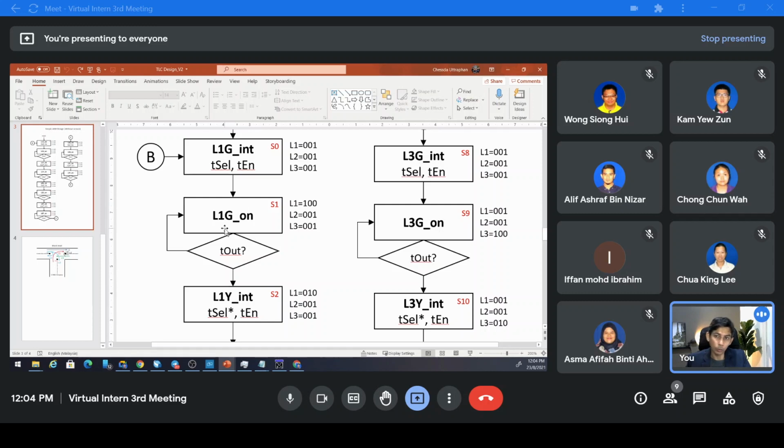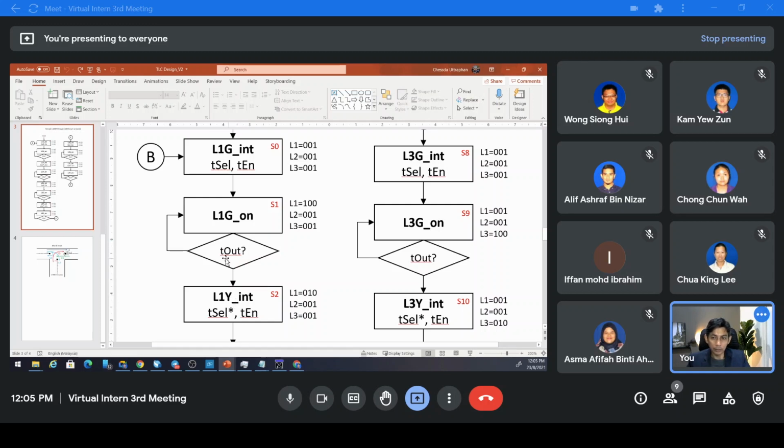So if our clock is 1 second, it will go to the next state. I name it L1 green on, L1G on. L1 green on means that L1 is green, and of course L2 and L3 are red. All right. And I wait for T out to be activated to go to the next state.